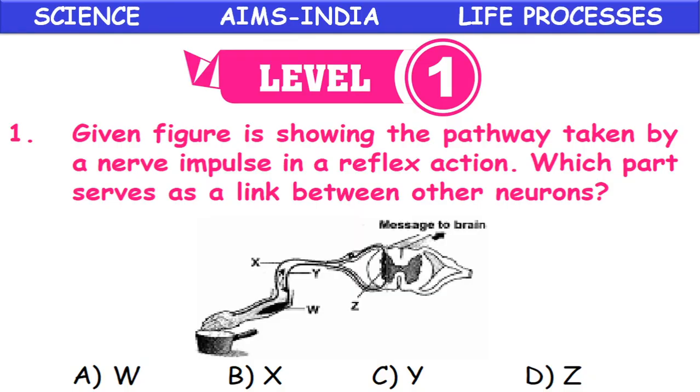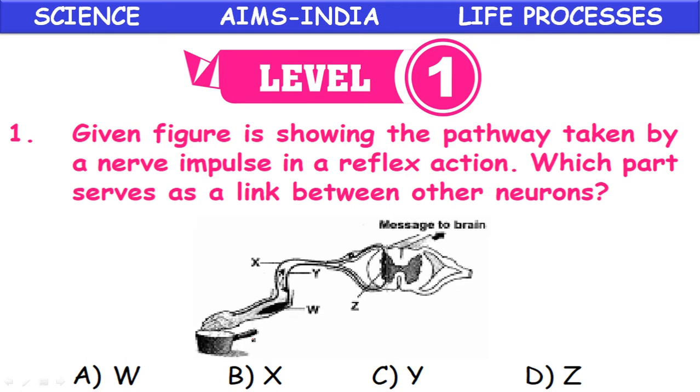Level 1 question. The given figure is showing the pathway taken by a nerve impulse in a reflex action. Which part serves as a link between other neurons? Here an image is given showing the reflex arc.